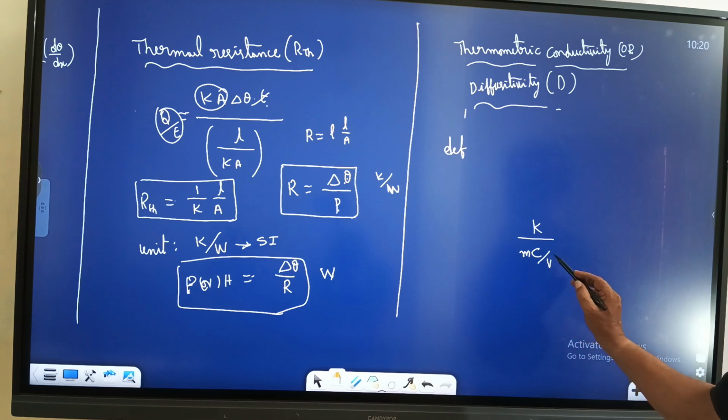So this is the thermal capacity per unit volume.